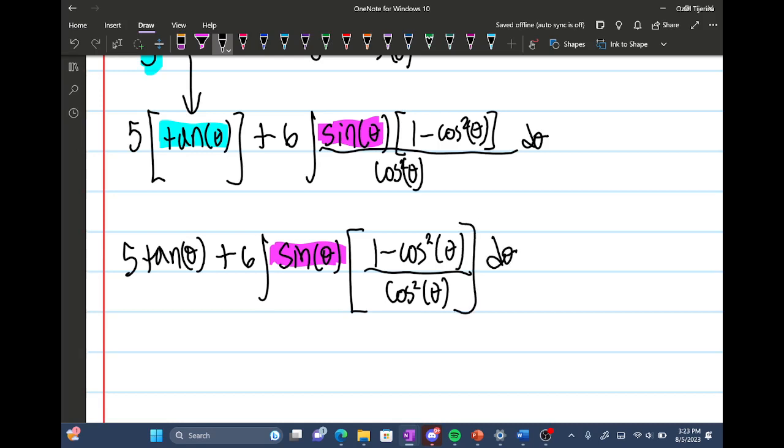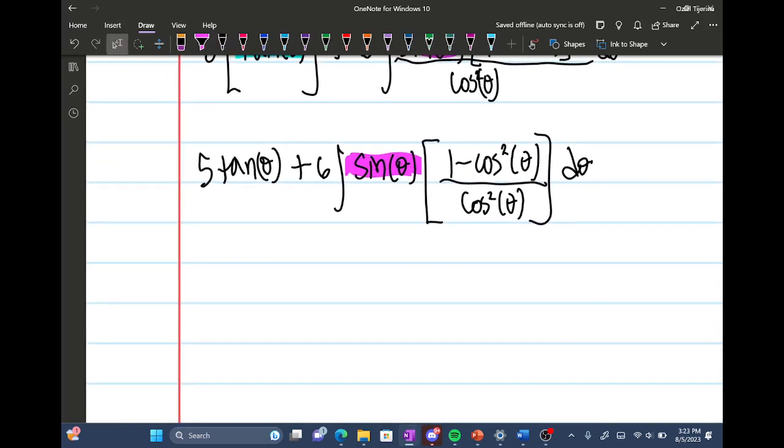Now we're going to use what is called u-substitution. We can substitute u equals cosine theta. The reason we're doing that is that eventually the sine theta will cancel out.